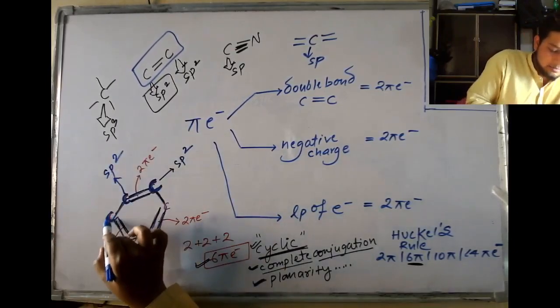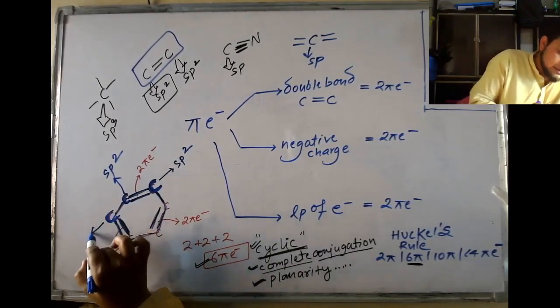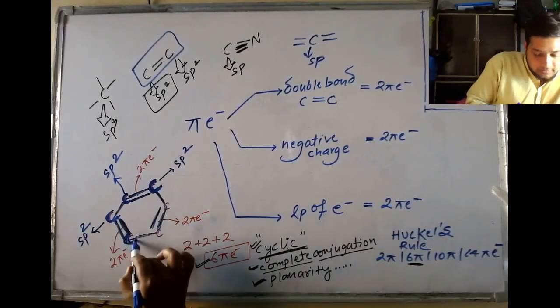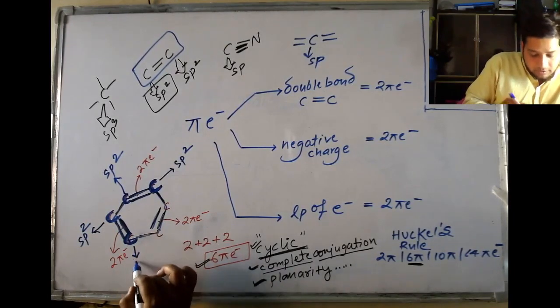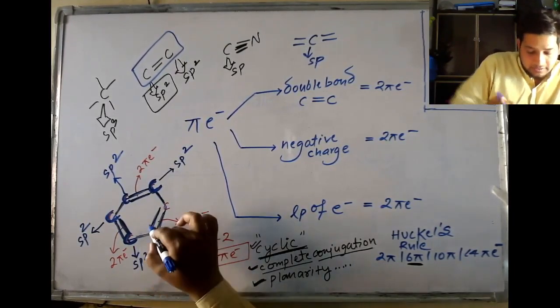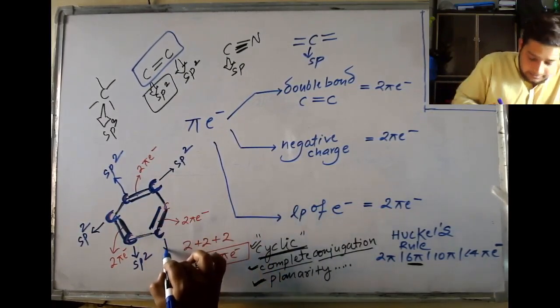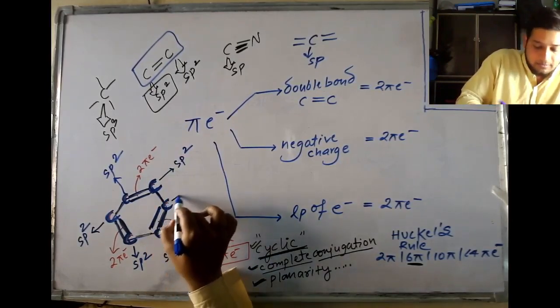Now this carbon, look here, a single double bond, one and only double bond, sp2. Now the next one, look here, a double bond and a single bond, but what we were looking for is a double bond, again sp2. This carbon, one double bond, and this is again sp2. Now this carbon, a double bond, sp2.